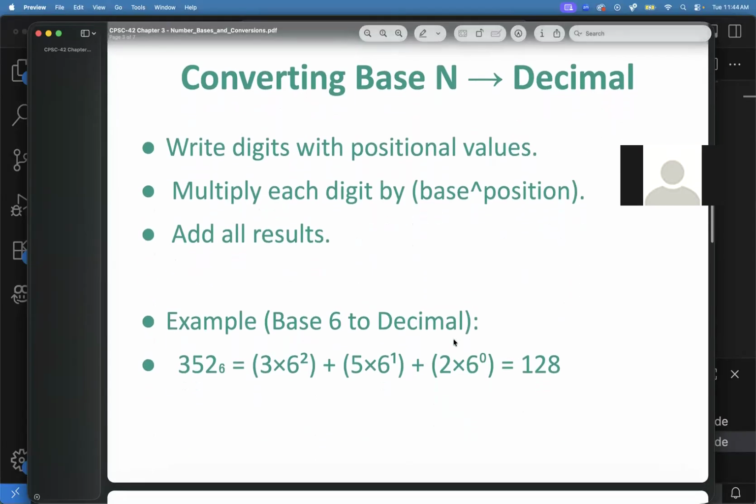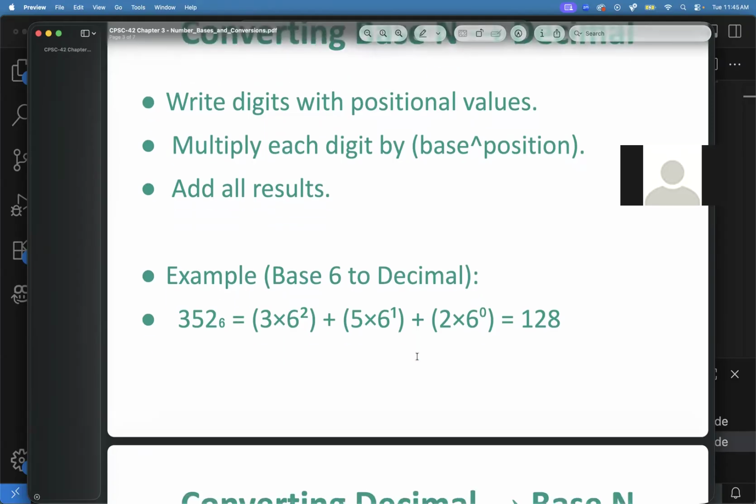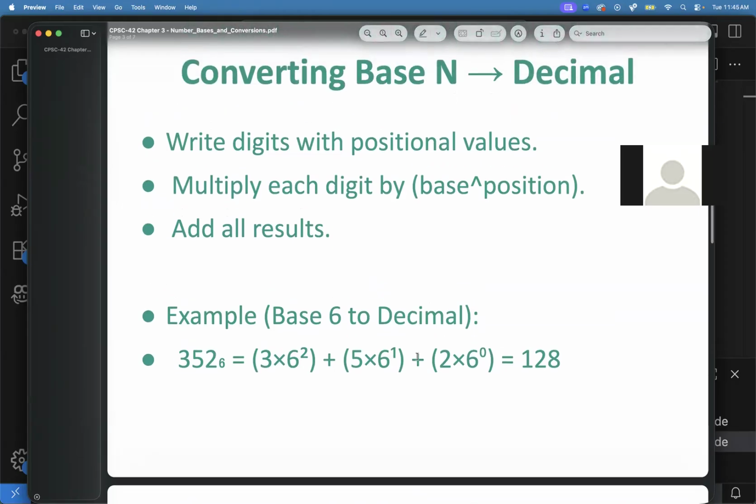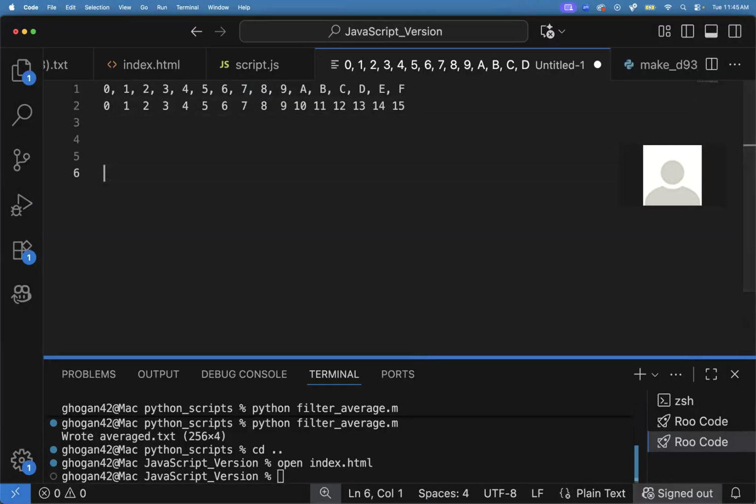Now, when we're converting from base n, so that's any other base that's not decimal, to decimal, you essentially want to think of every digit as being multiplied by a power of whatever the base is. Just like we know that if somebody says 783, that actually means 7 times 100 plus 8 times 10 plus 3 times 1.